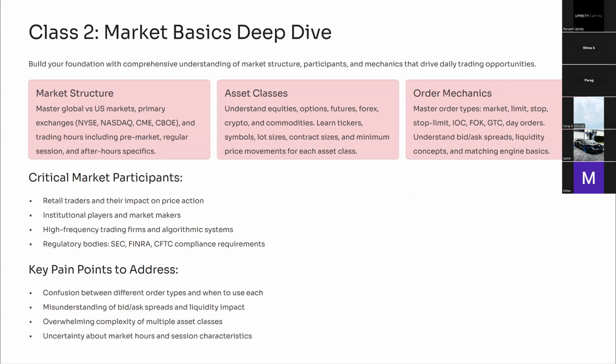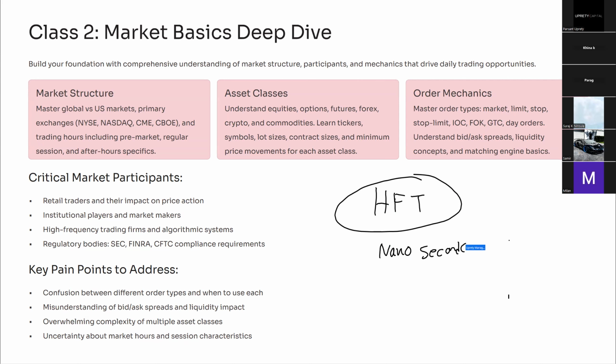But let's also talk about high frequency trading. This is something that we participate in with one of our companies. But high frequency trading is buying and selling in nanoseconds, not even microseconds, but nanoseconds now. These are the number one provider of liquidity.